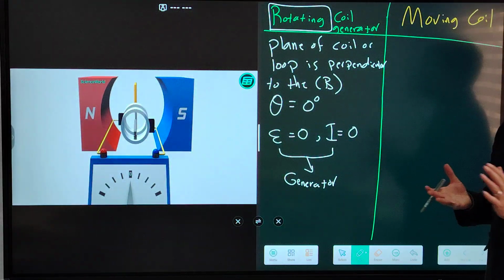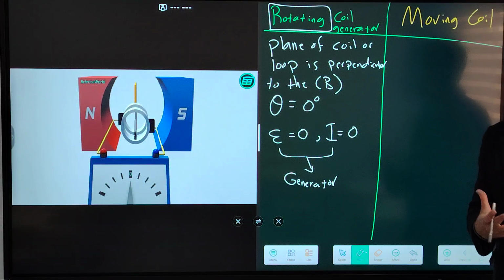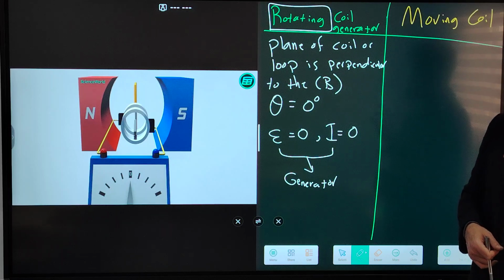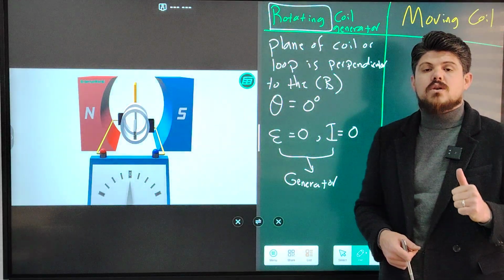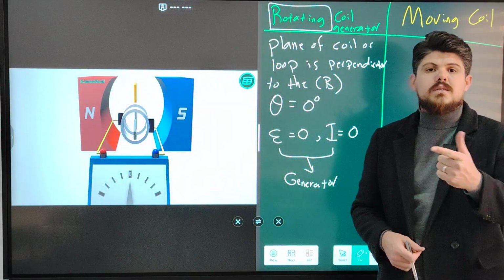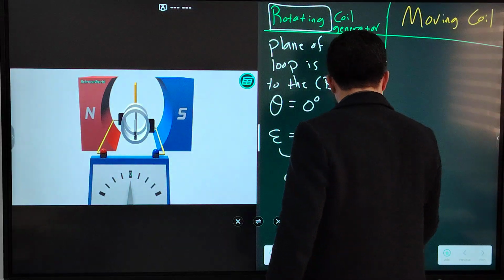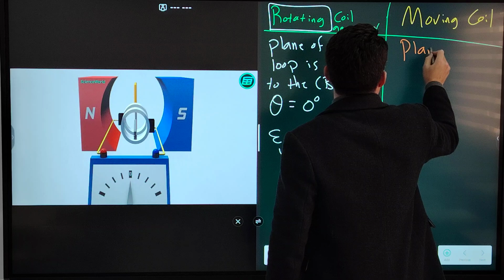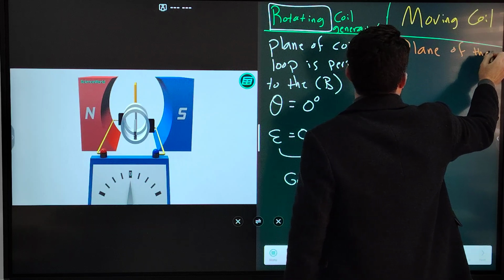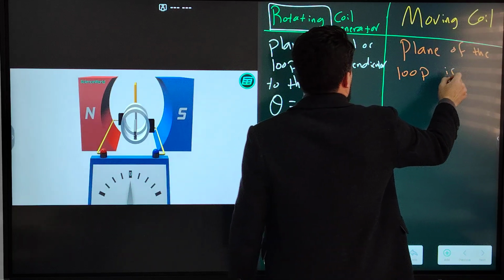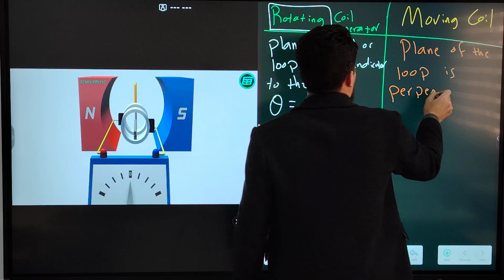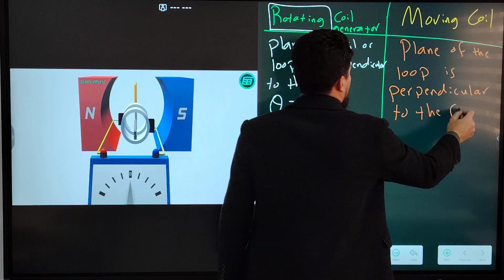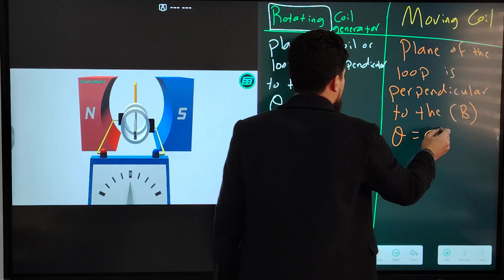This situation is completely different from the moving coil that we studied in section 1. In section 1, by moving the coil, not rotating, guys, be careful, by moving the coil into the magnetic field, if the plane of the loop is perpendicular, EMF and current become maximum. In moving coil, if the plane of the loop is perpendicular to the magnetic field, theta is still 0.